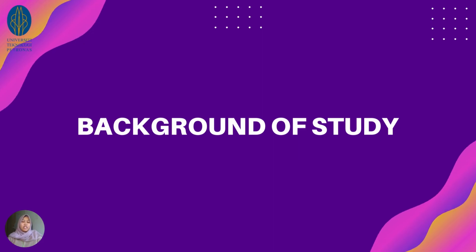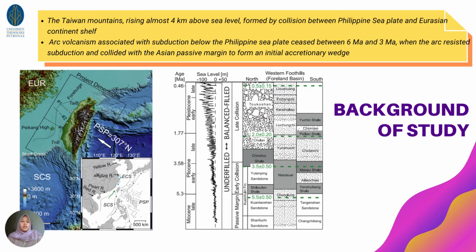For the background study of this paper, first of all, I will start by introducing the Taiwan Foreland Basin area. The Taiwan Mountain is rising almost 4 kilometers above sea level, and it was formed by a collision between the Philippine Sea plate and the Eurasian continental shelf.